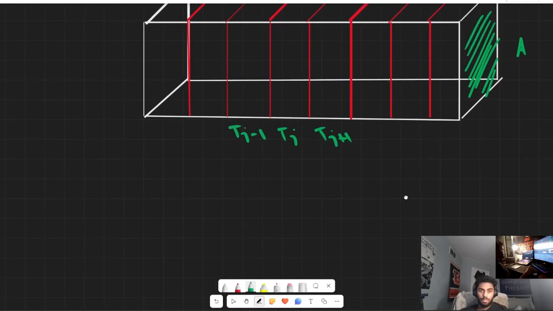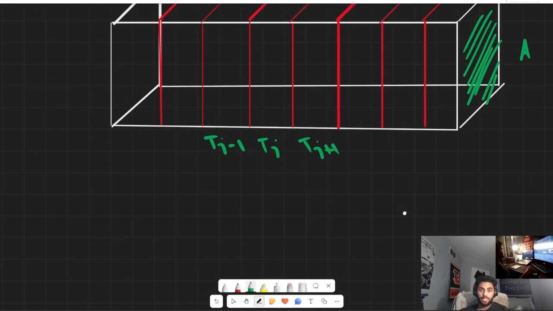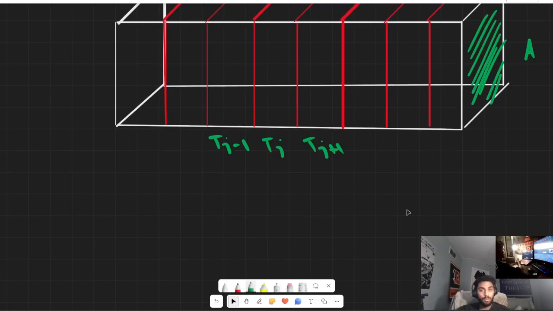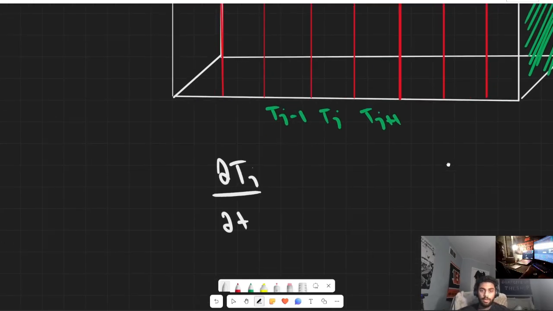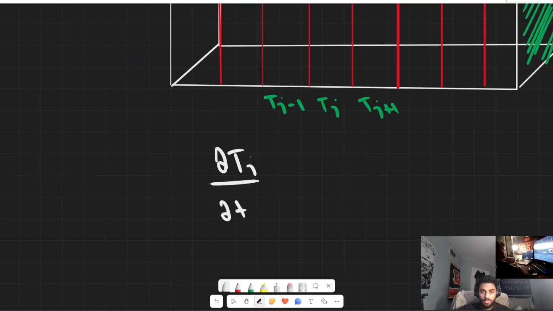So the easiest way to start tackling this problem and modeling this heat travel is through an energy balance. So I'll start off by looking at this differential temperature, or this change in temperature with respect to time. Now, units of this are something like maybe Celsius or kelvins per second, some temperature per time type ordeal.